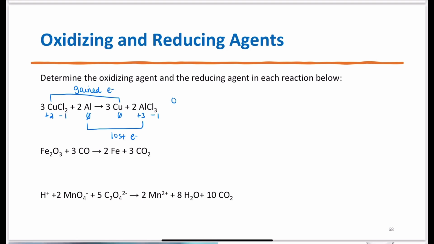That means my oxidizing agent is copper 2 plus because it was reduced. My reducing agent is aluminum, and aluminum solid if you want to be specific, because aluminum was oxidized.